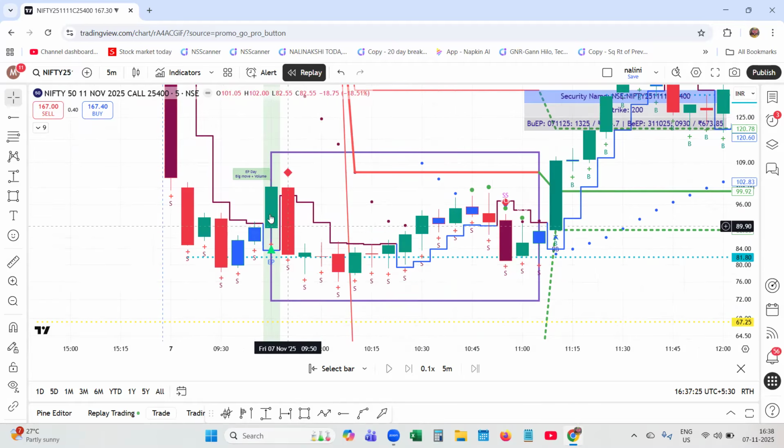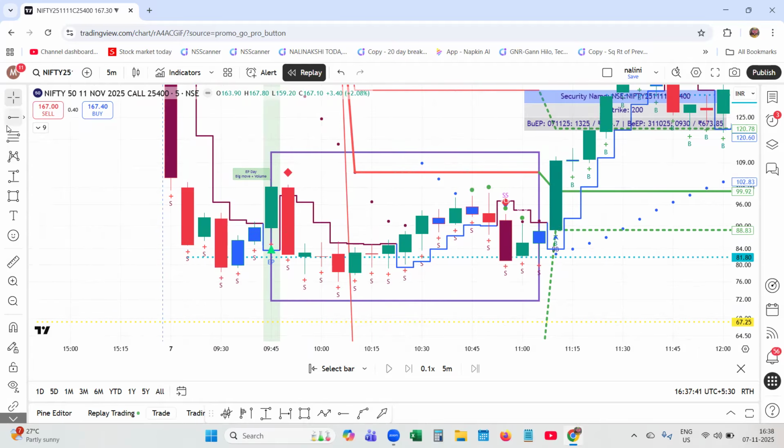You can see after the episodic pivot, it came down. The episodic pivot was around 99 rupees, 100 rupees, and the low of this episodic pivot was 85 rupees.